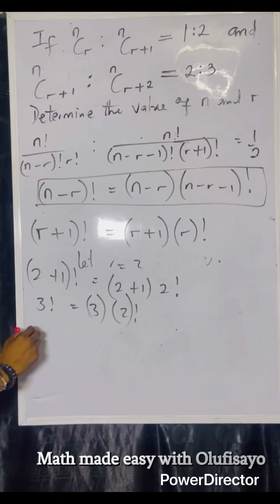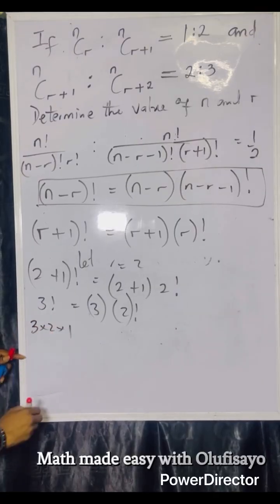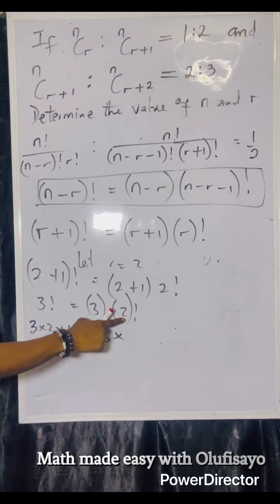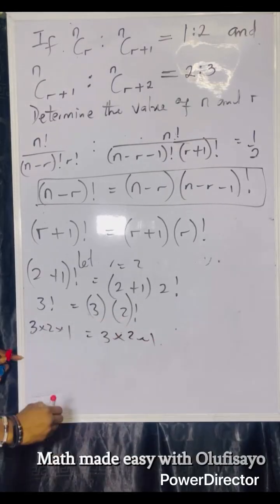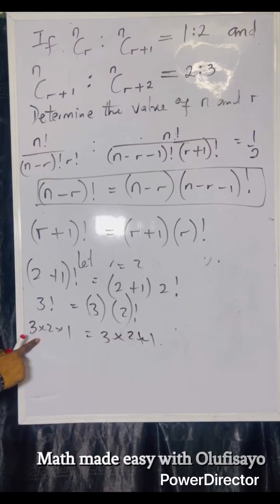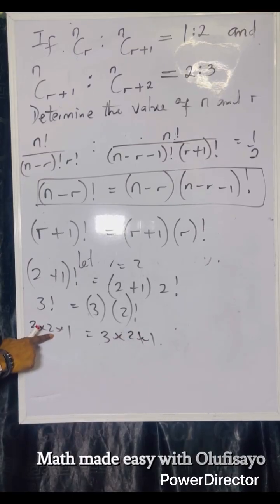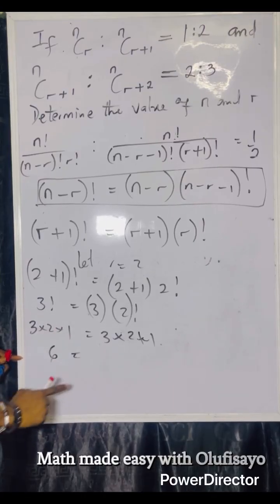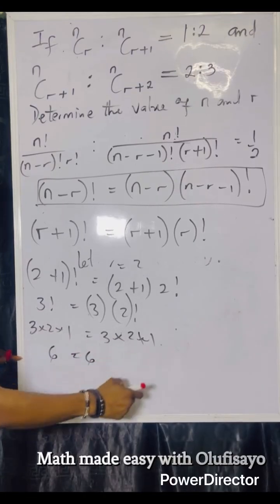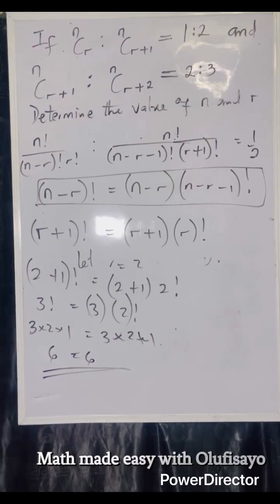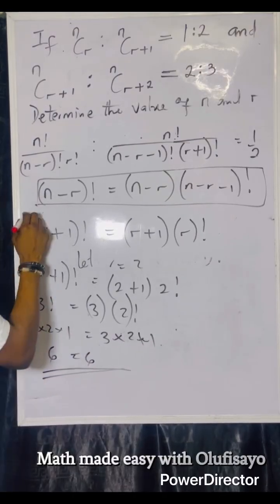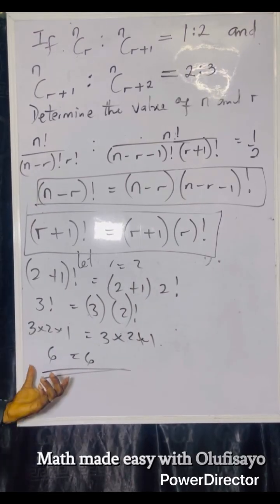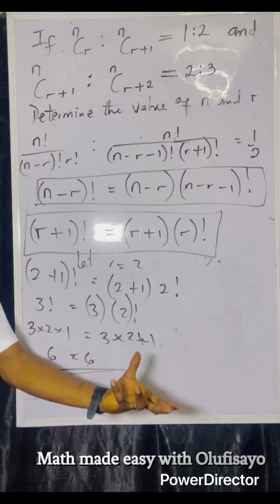Now 3 factorial simply means 3 times 2 times 1, equals 3 multiplied by 2 factorial, which simply means 2 times 1. Now 3 times 2 will give us 6, times 1 will give us 6, equals 3 times 2 will give us 6, times 1 will give us 6. Meaning that this formula also works, because the right hand side is equal to the left hand side.